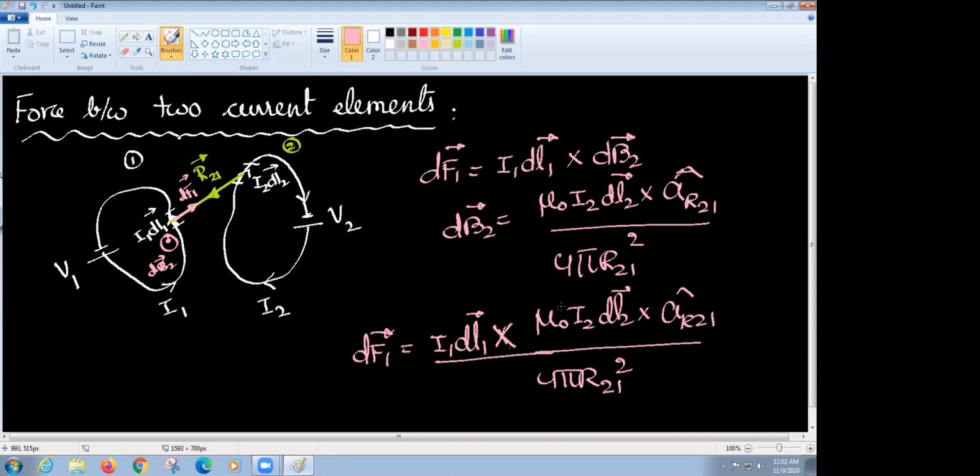If I want the total or net force on current loop 1, the net force F1 is equal to what?